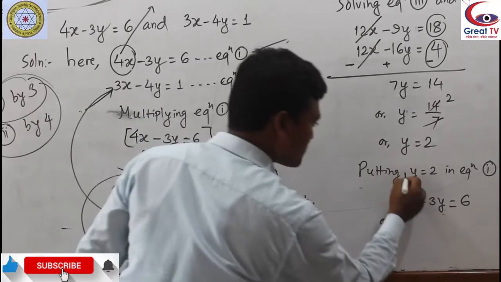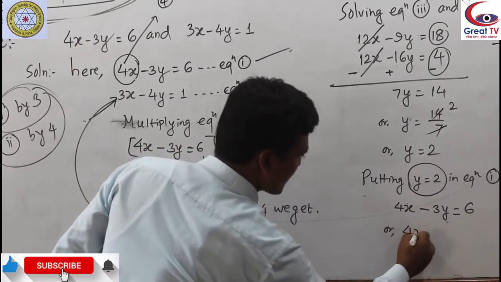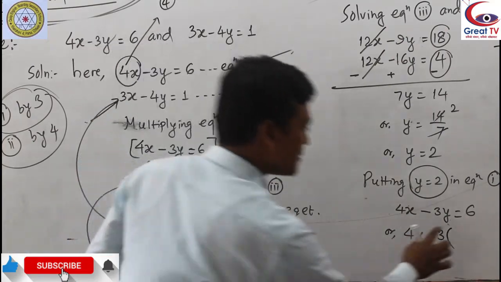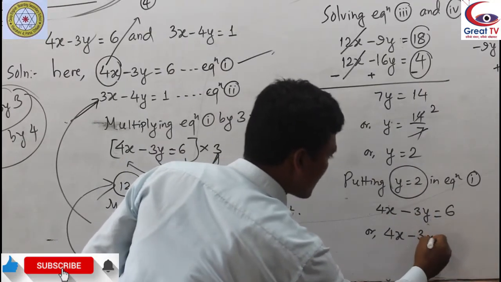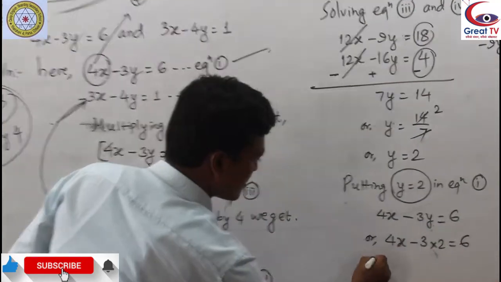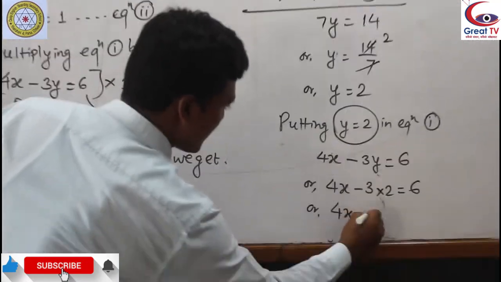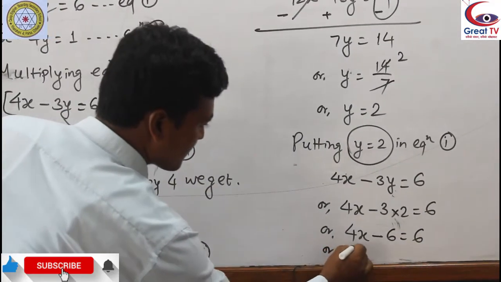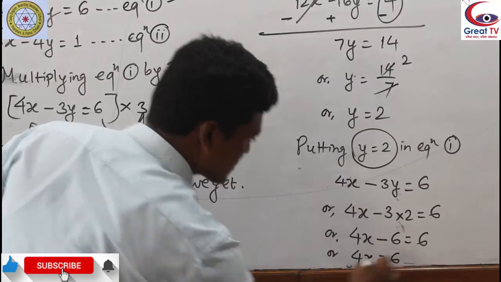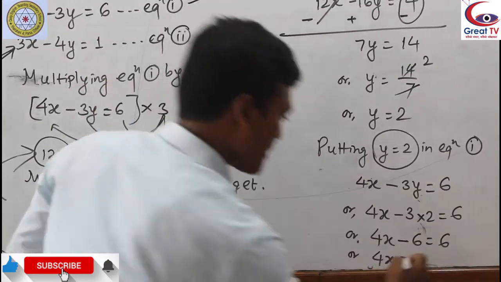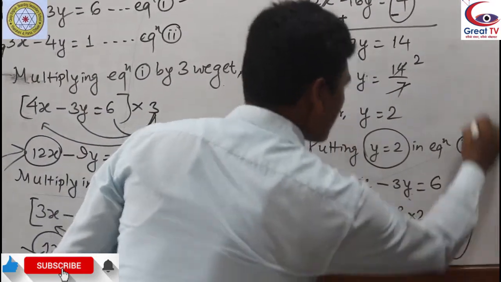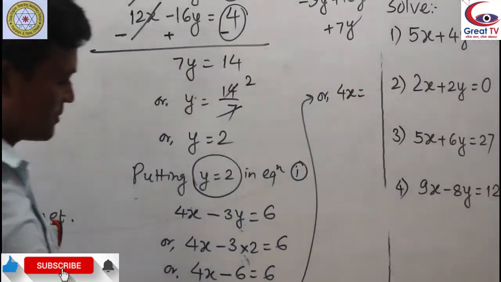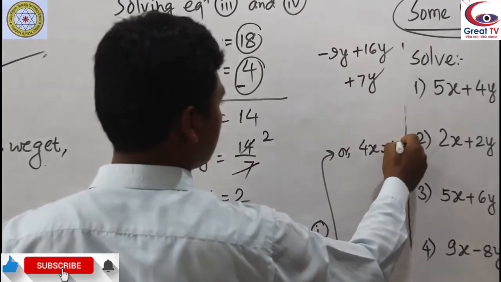We should put the value of y: 4x minus 3 times 2, 3 twos are 6, equals 6. So 4x equals 6 plus 6, 12.